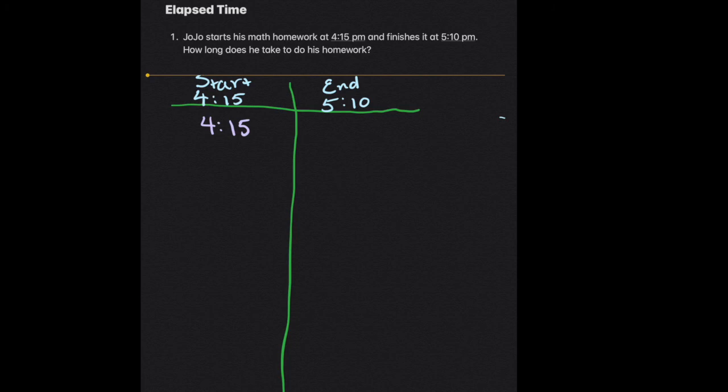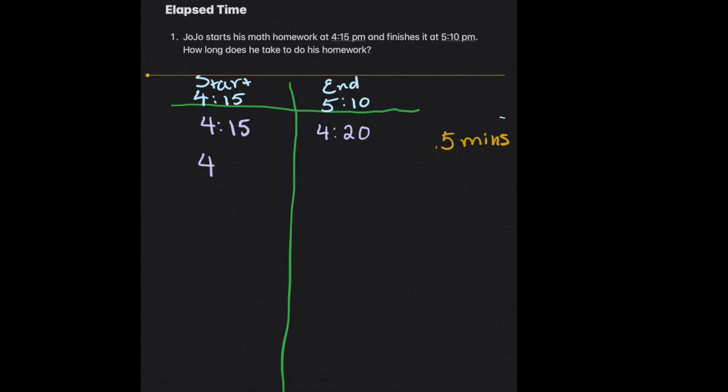Now we're going to start counting up in 5-minute intervals at first, and then you can start making bigger jumps when you get more comfortable with this strategy. So if we count up in 5-minute time intervals, we can count up to 4:20, and then over here we would write 5 minutes. So this is how long it takes us to get from 4:15 to 4:20.